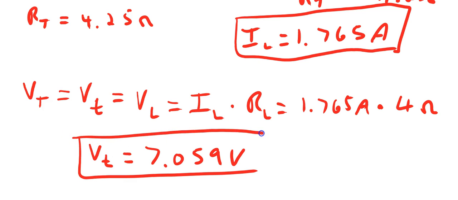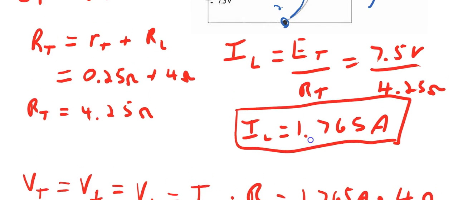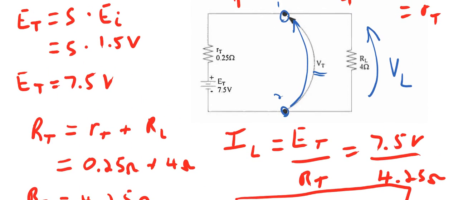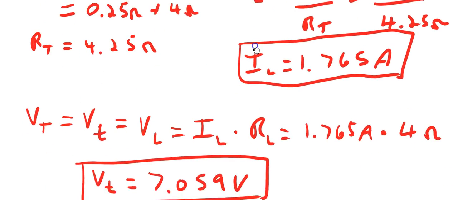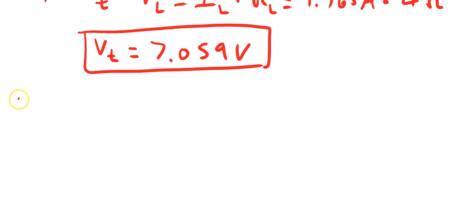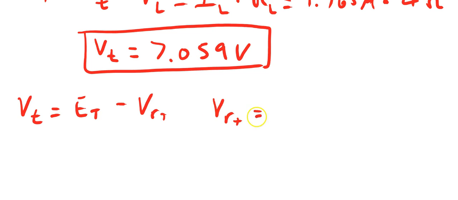Now, remember that we can calculate the terminal voltage as the voltage here subtract the voltage here, which gives us the voltage at the terminals. And we have presented that equation as VT is equal to ET subtract the voltage drop across the internal resistance, where the voltage drop across the internal resistance is equal to the circuit current multiplied by the internal resistance.